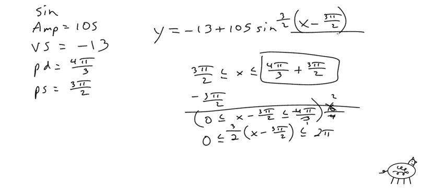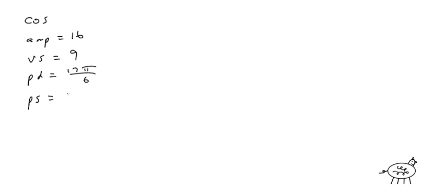One more. And you don't have to watch this whole thing. If you understand it, you're good to go. But I'm just going to do one more for you guys. I want you to do a cosine graph. I want you to do an amplitude of 16, the vertical shift of 9, period is equal to 17 pi over 6, and the phase shift equals 7 pi over 5.